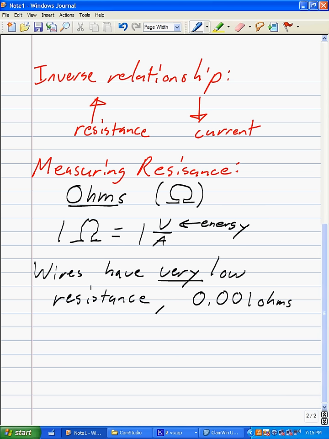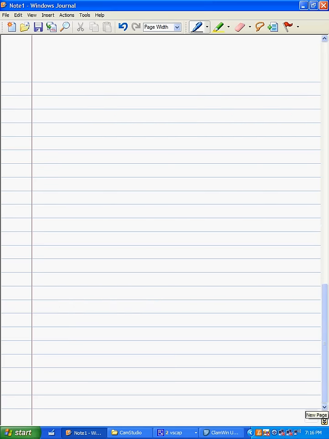I equals V divided by R, where I is the amount of current, V is the voltage between 2 points, and R is the resistance of that section of current. Another way to say it, I can rearrange: R equals V divided by I, or V equals IR. 3 different forms of the exact same equation.